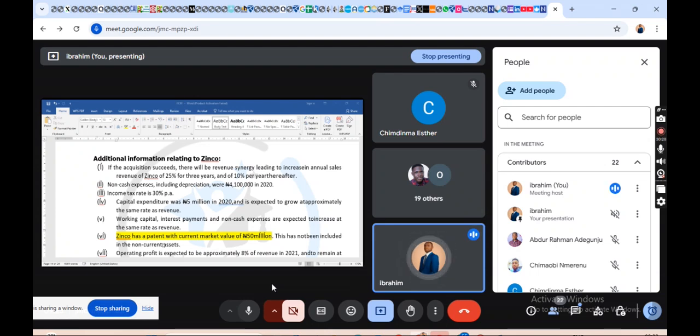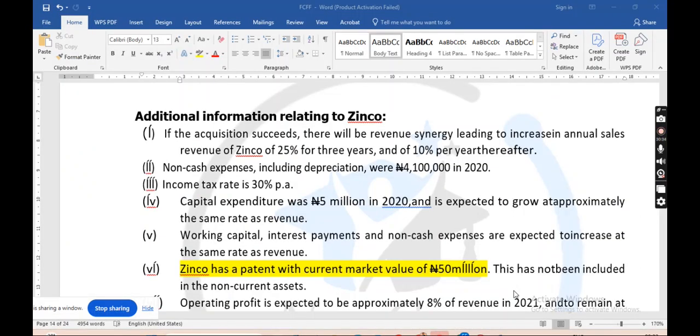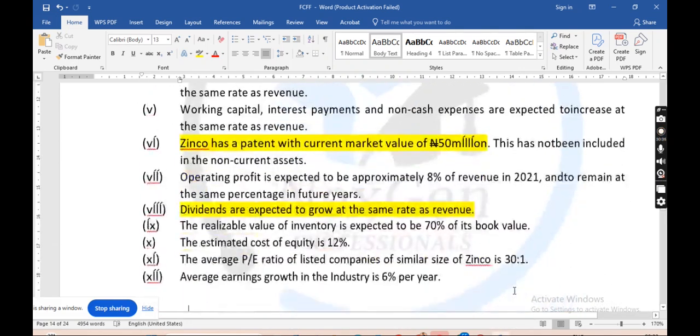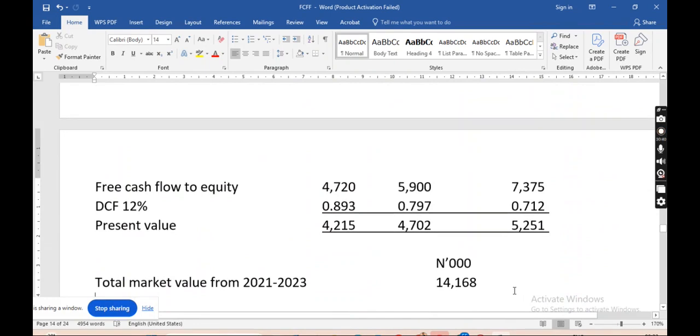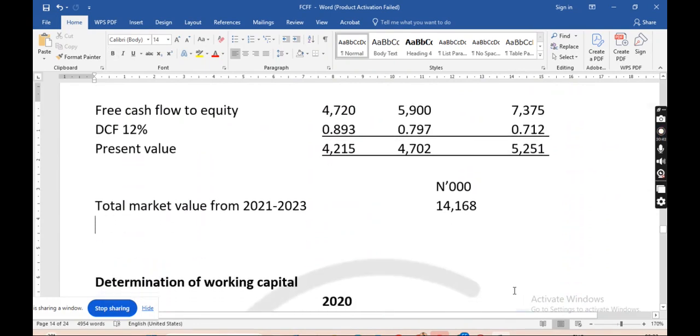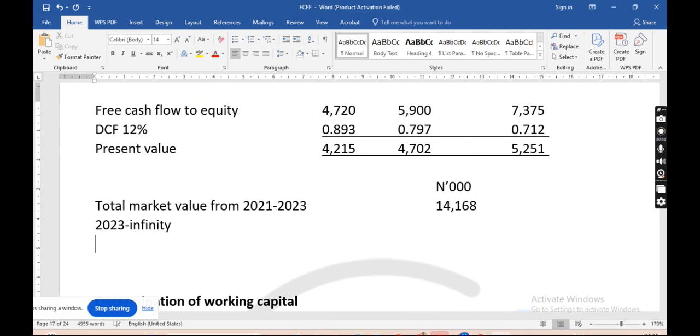Then you will now do to infinity, that is 10% per year thereafter. So therefore, we can move it this way. 2023 to infinity, right?